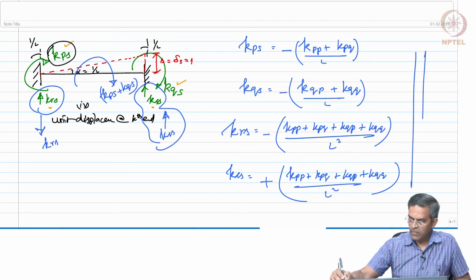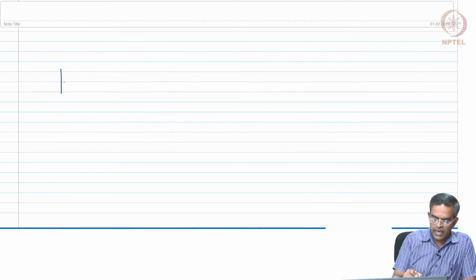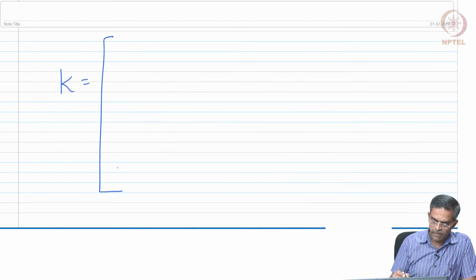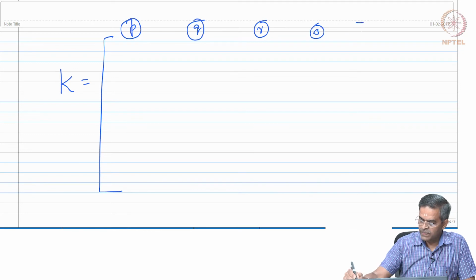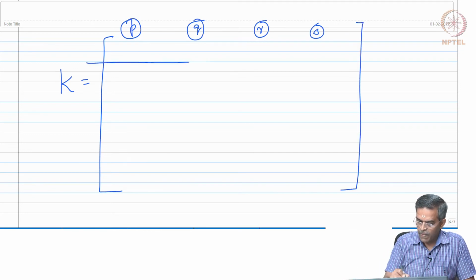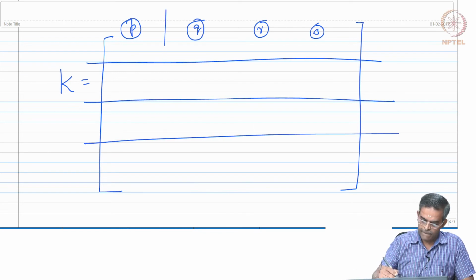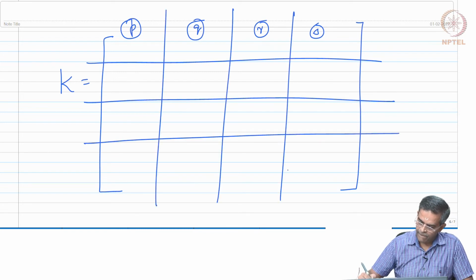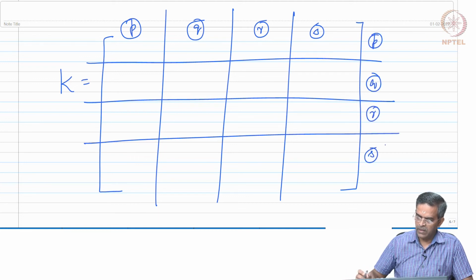So, now I have all the coefficients. Let me transfer these coefficients to the matrix. So, what is the original matrix K? The original matrix K is, if this is P, if this is Q, R and S, this is P, Q, R and S are the labels.